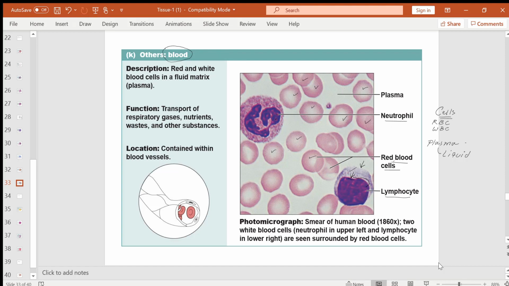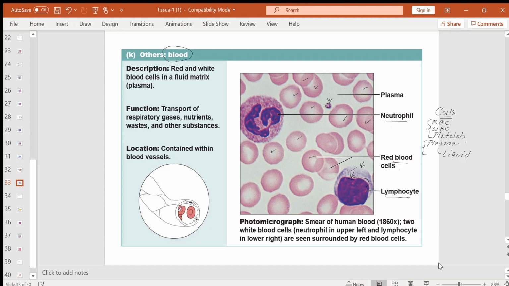Okay, and small cells are called the platelets here. So another type of cells are platelets. Okay, so those are three types of cells you will see in the blood tissue, and the liquid is the plasma.